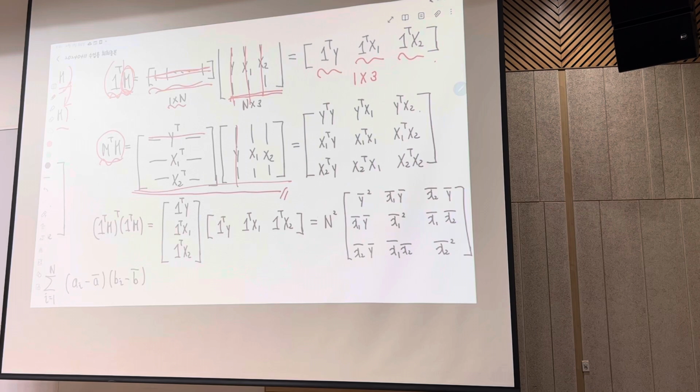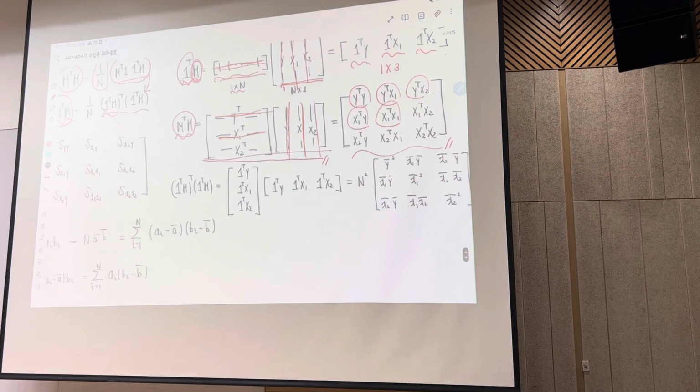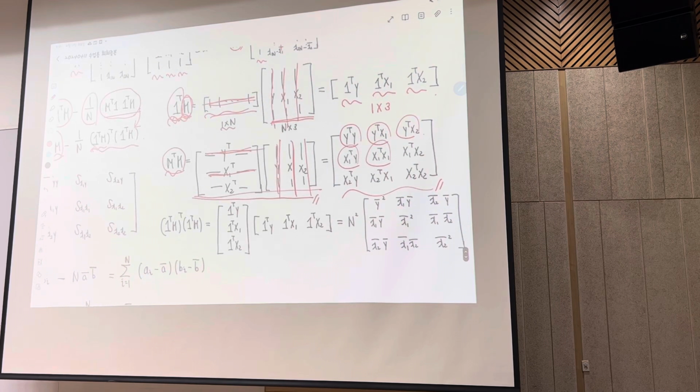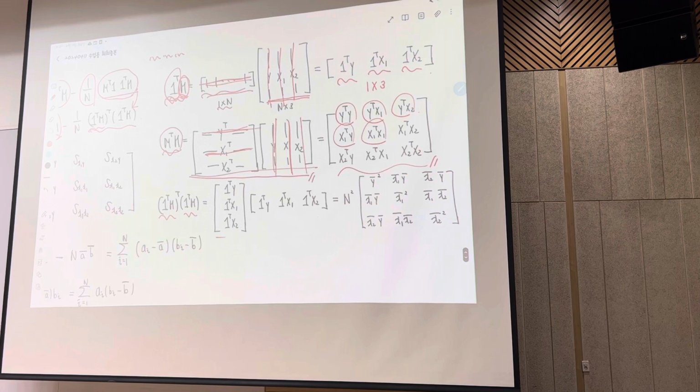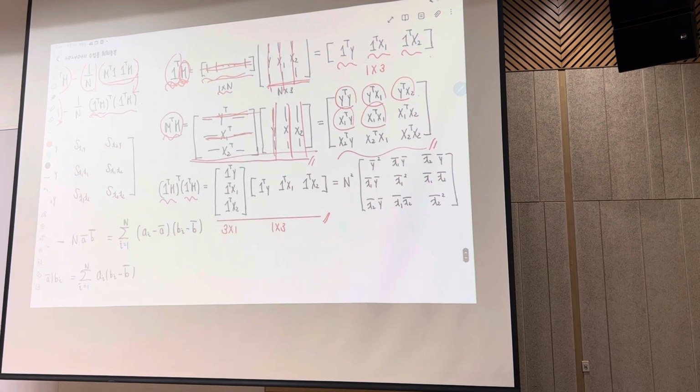This one here, this one here, this one here, and so on. Then 1 transpose m transpose times 1 transpose m means this one. It is a 3 by 1 matrix multiplying a 1 by 3 matrix.